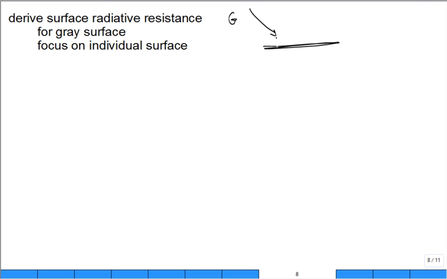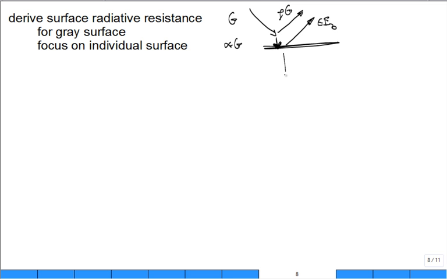Two things can happen to the G. Part of it can be absorbed into the surface. That's alpha G. What happens to the other part? Rho G. What do you call rho G? It's the reflected part, isn't it? Then we also have emission from a gray surface. What would be the emission? It would be the emissivity times EB.